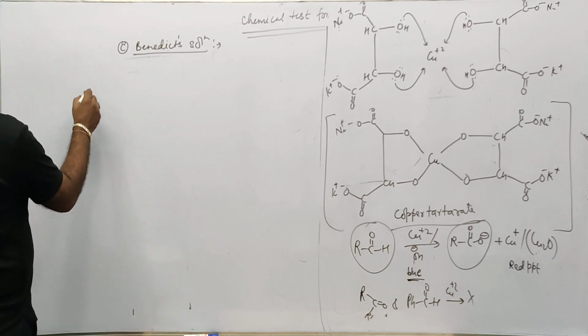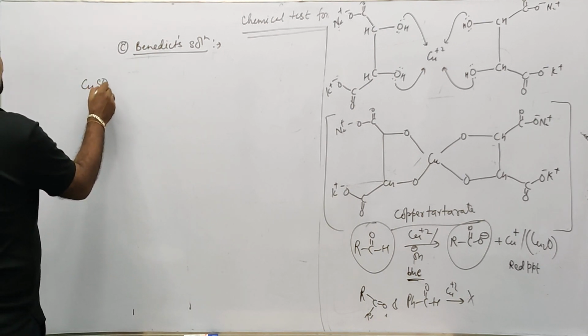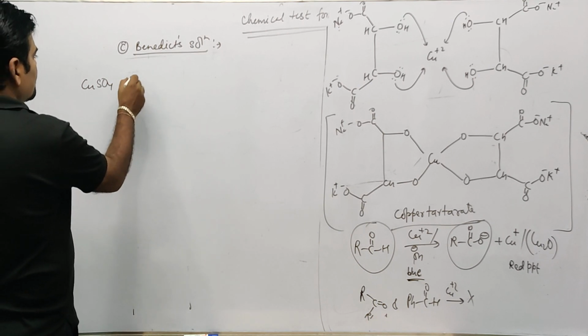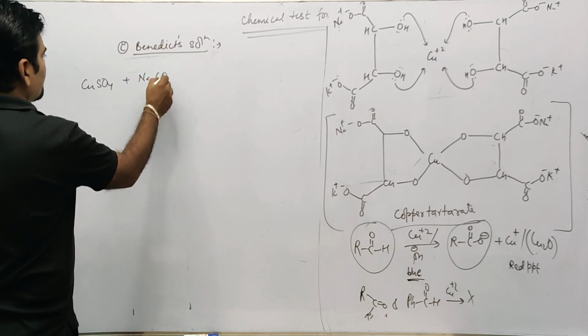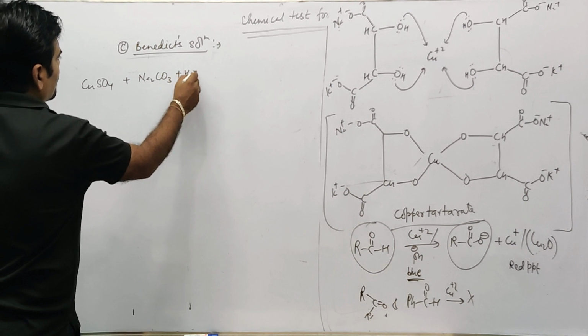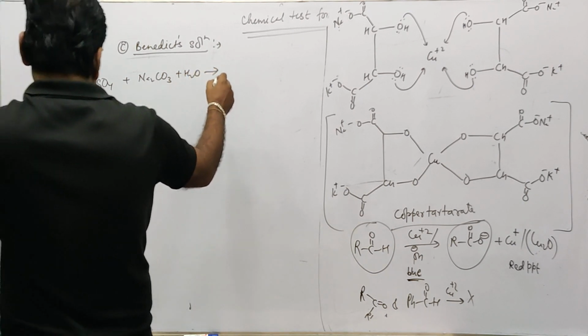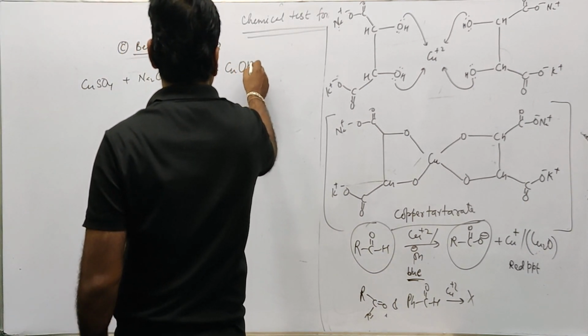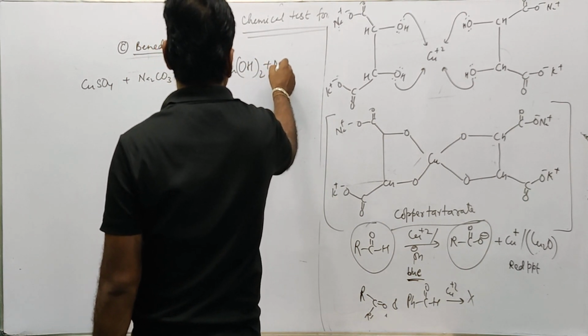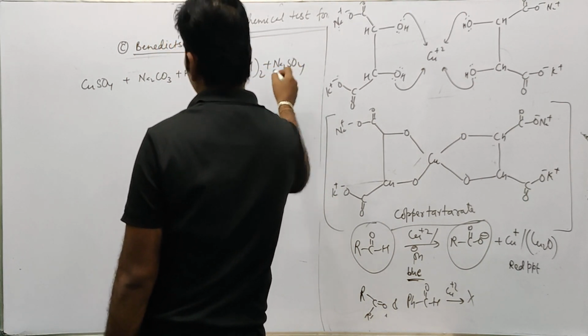See what is that? We have taken copper sulfate, and when this copper sulfate is mixed with sodium carbonate and water, it will be in the form of cupric hydroxide, Cu(OH)2, plus sodium sulfate, Na2SO4.